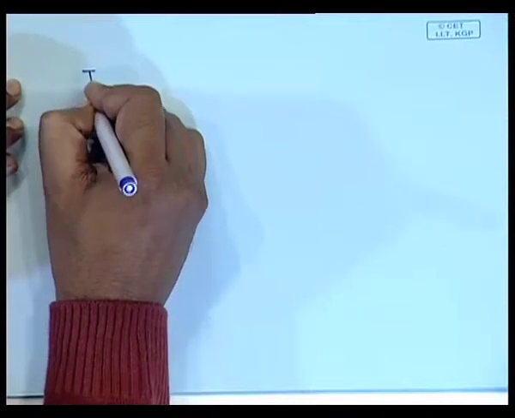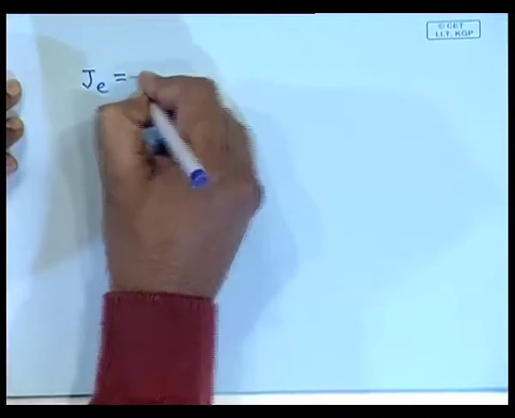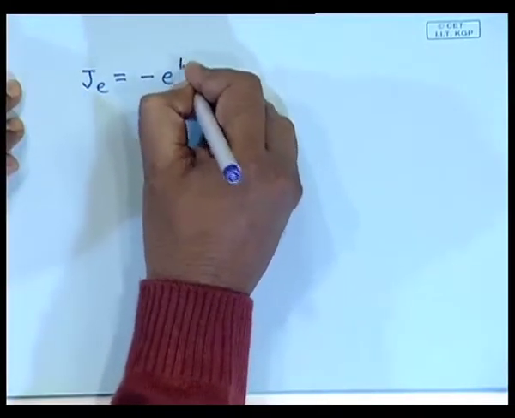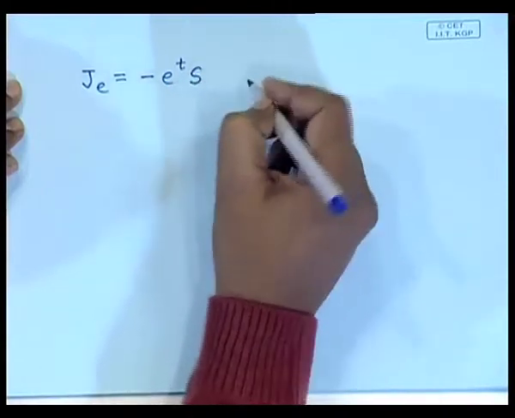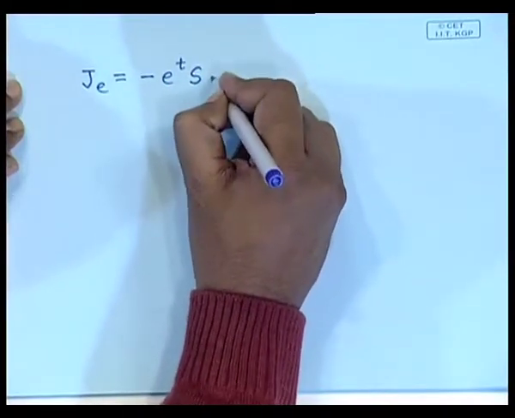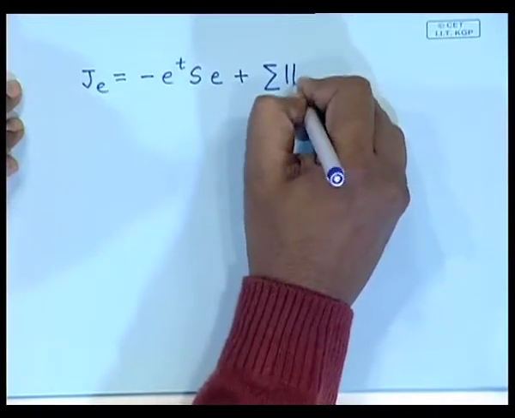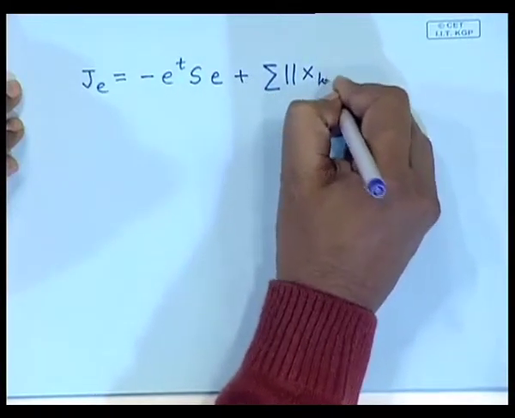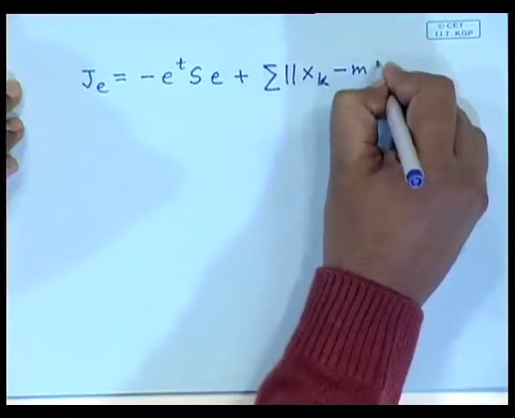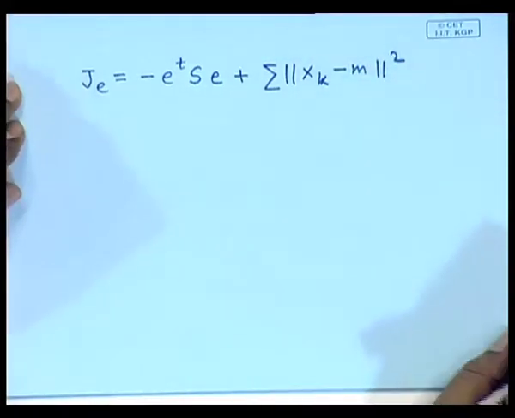So, this expression now becomes this J E. So, if I simply rewrite this, it becomes J E is equal to minus E transpose S, that is the scatter matrix, E plus summation of x k minus m square. Okay.